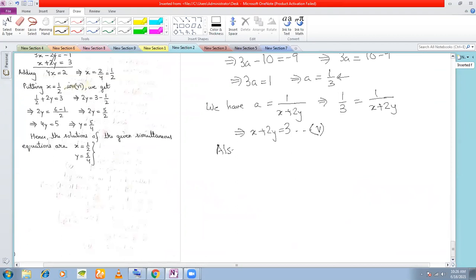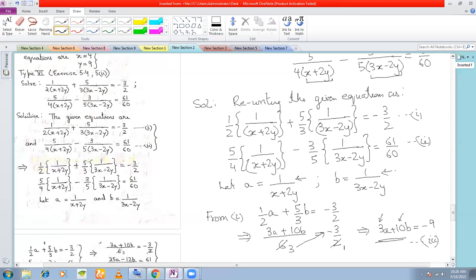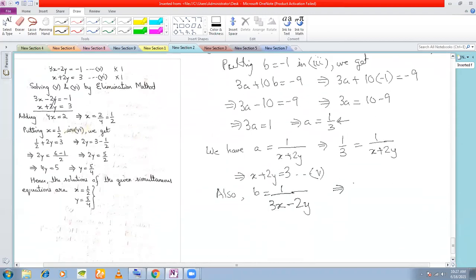Also, what had we taken b as? We had taken b as here 1 by 3x minus 2y. This we had taken as b. Put the value of b. The value of b that we have obtained here is minus 1. Minus 1 is equal to 1 by 3x minus 2y.